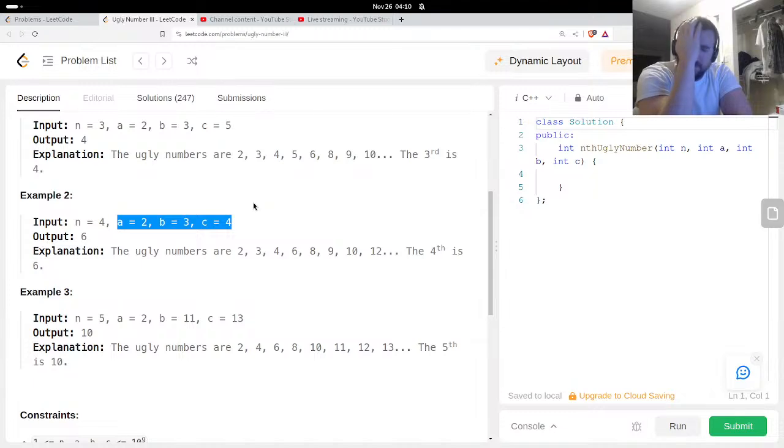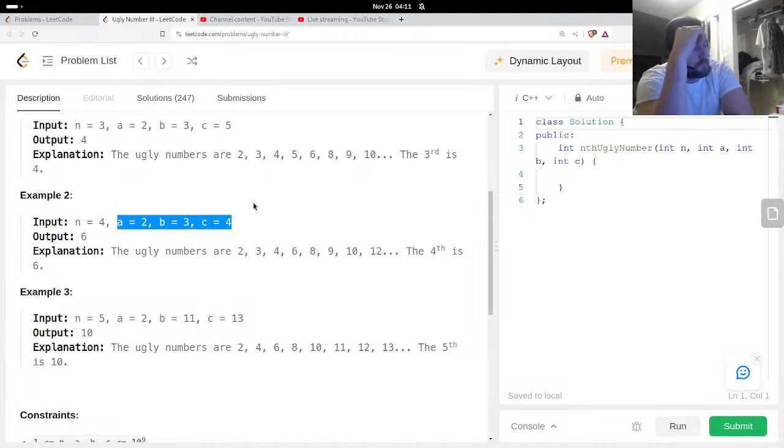It's a multiple of these other numbers, and it has X number of numbers that are multiples that are smaller. Because then I can use a binary search to find this value.